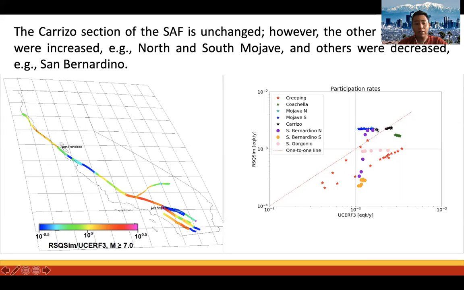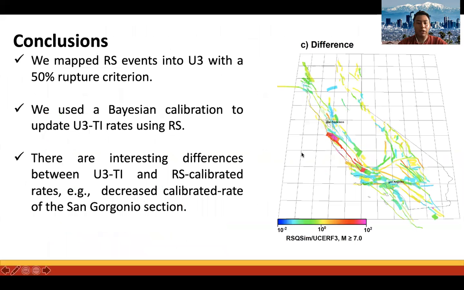Those were increased, meaning that RSQ-SIM says that those should occur more frequently compared to what user 3 states. Those results are shown in this section of the San Andreas fault system in the plot on the left. So those are some interesting differences that we can observe by looking at these time-independent forecasts.